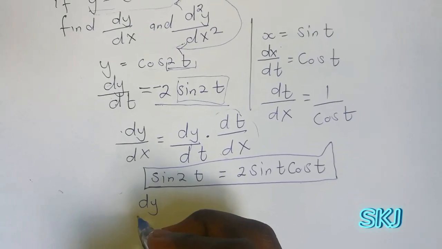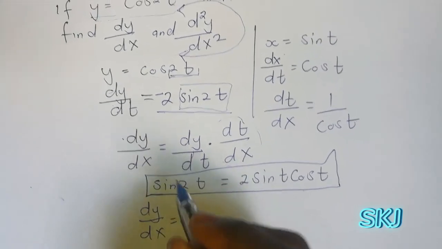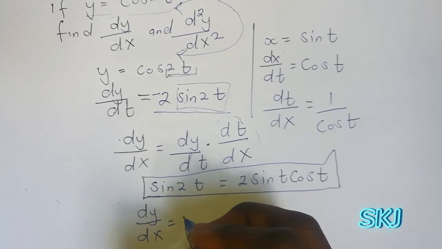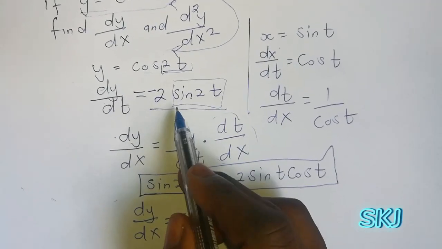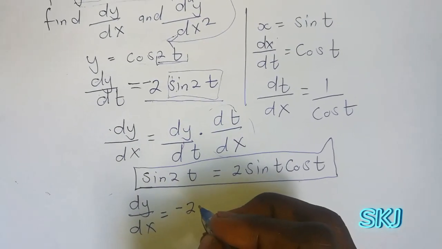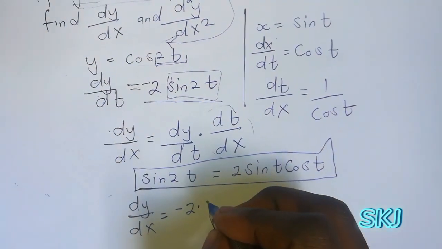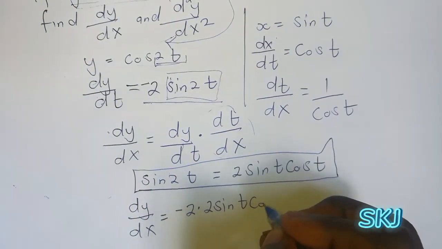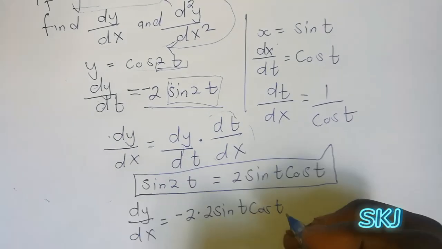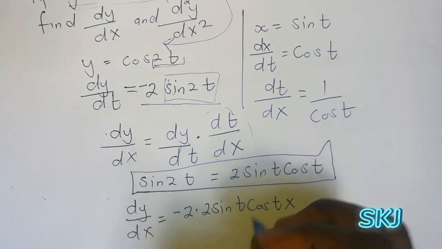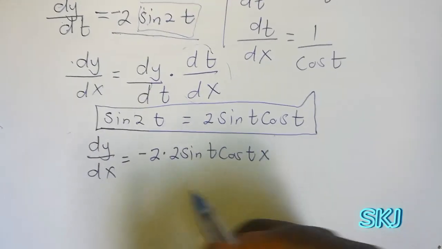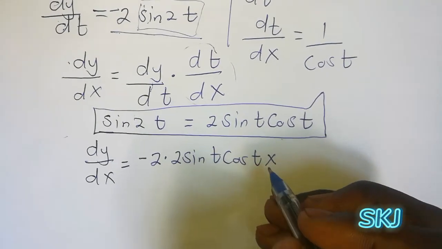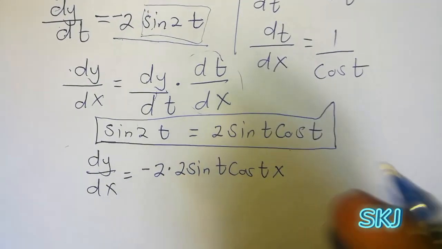So dy/dx will equal -2 times 2 sine t cos t, times 1 over cos t. Don't think that this is x here; it is just a times. In most cases we use a dot for simplicity.